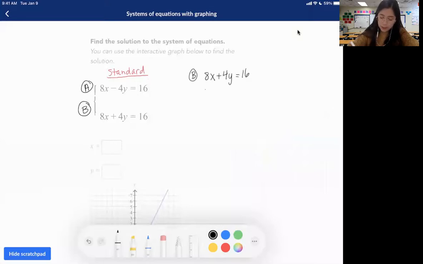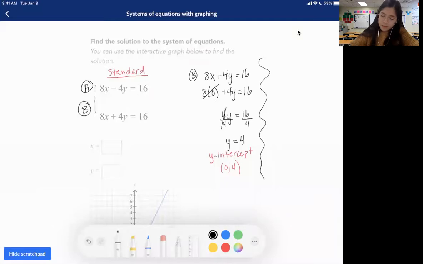I'm going to plug in a 0 for x. That crosses out. I have 4y equals 16. I divide both sides by 4. I end up with y equals 16 divided by 4 is +4. So the y-intercept is 0, 4.